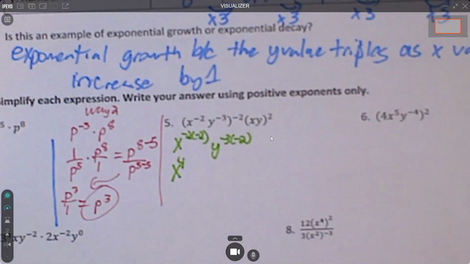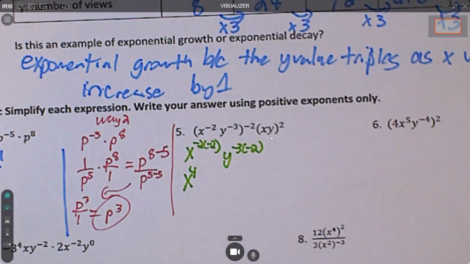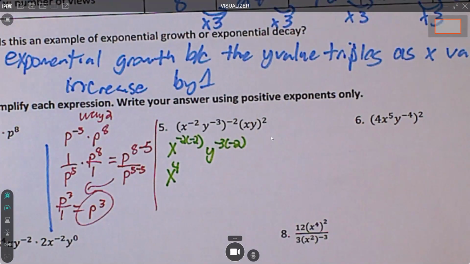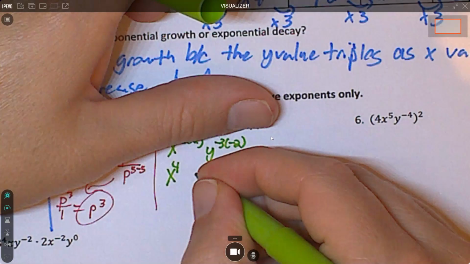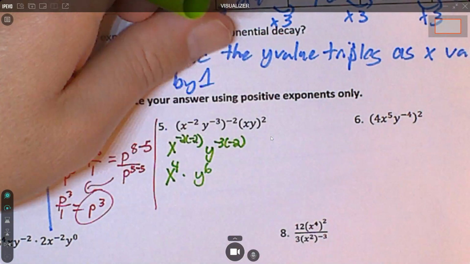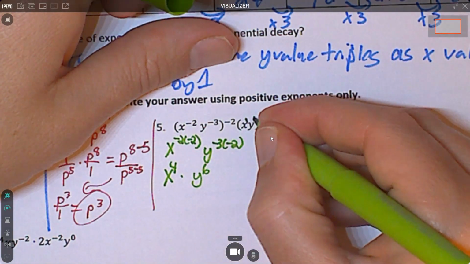And here, remember, those are to the first.